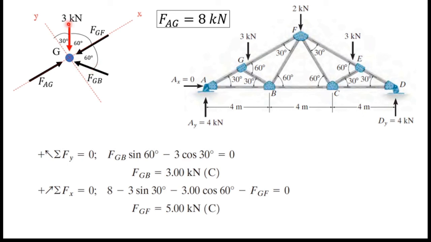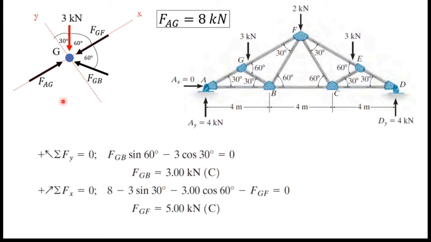force. The y component of this 3 kilonewton force is 3 cos 30. So I wrote it here, and I simplify this. I can get FGB equals 3 kilonewton and it's a compression force. For sine 60 and cos 30, I can substitute values from trigonometric tables.